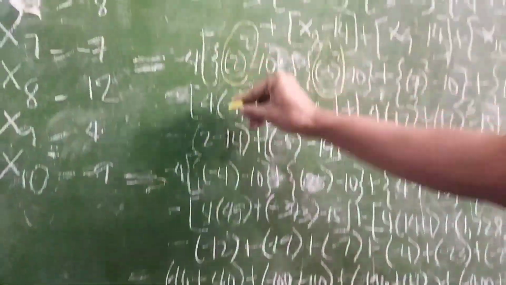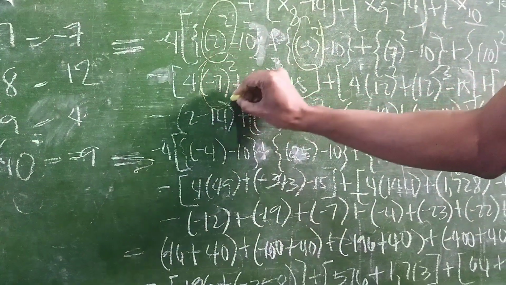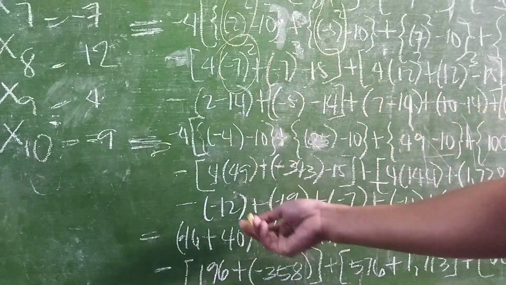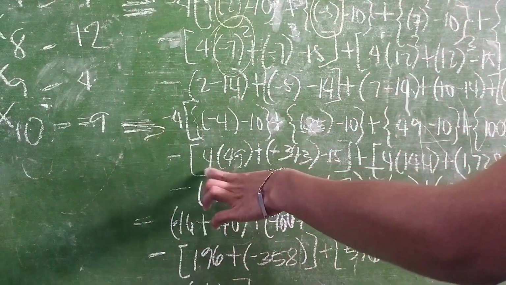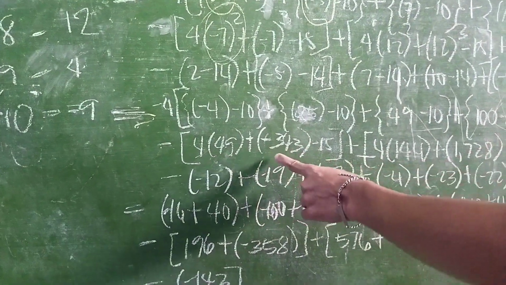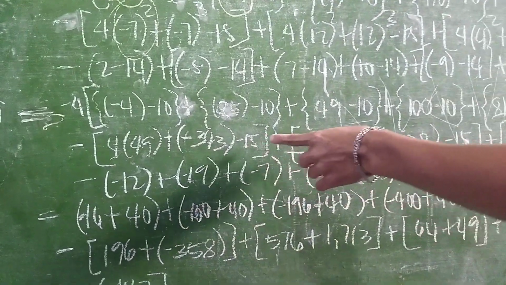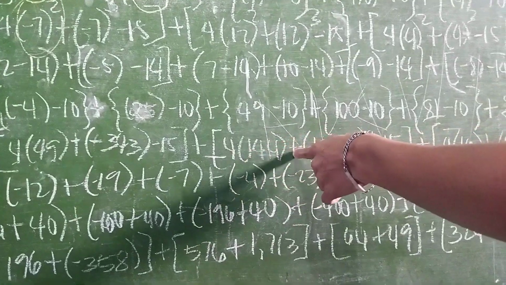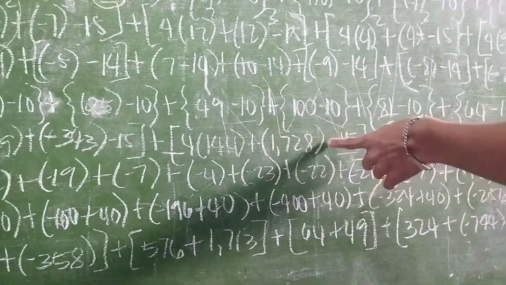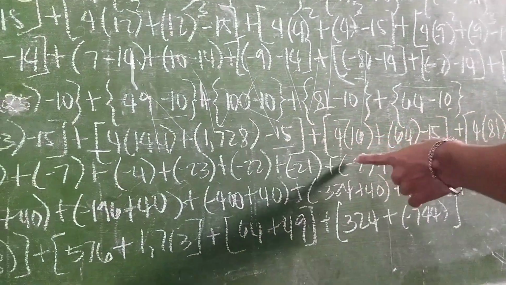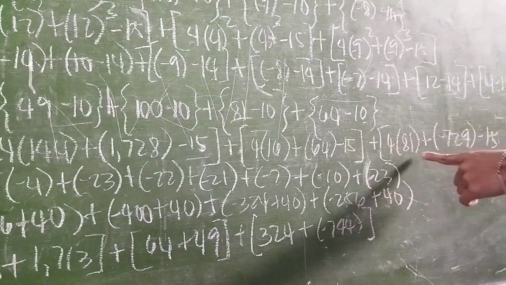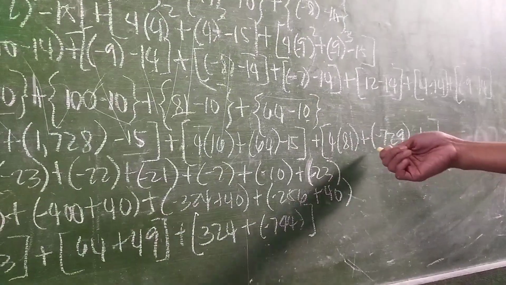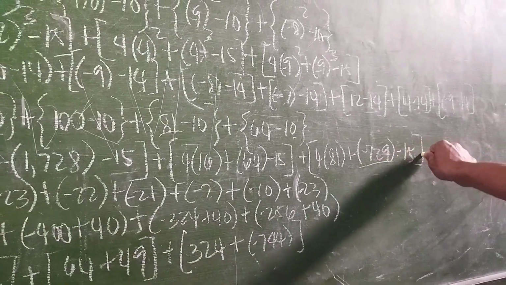Since the value of negative 7 squared is 49, we will put it here. So, 4 times 49 plus negative 343 minus 15 plus 4 times 144 plus 1728 minus 15 plus 4 times 16 plus 64 minus 15 plus 4 times 81 plus negative 729 minus 15.